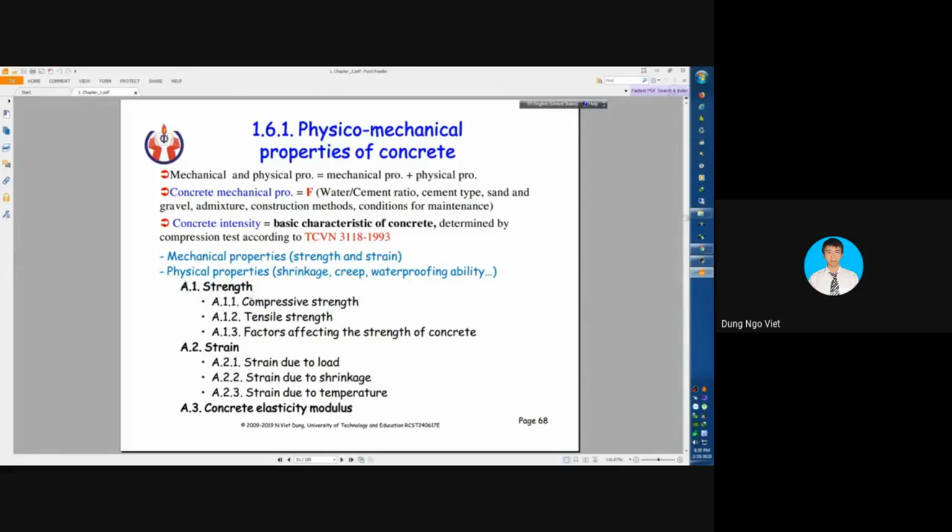In the strength, we continue to learn compressive strength, tensile strength, and the factors affecting the strength of concrete. For the deformation, I will instruct you to know the strain due to load, strain due to shrinkage, and the strain due to temperature. And finally is the concrete elasticity modulus.